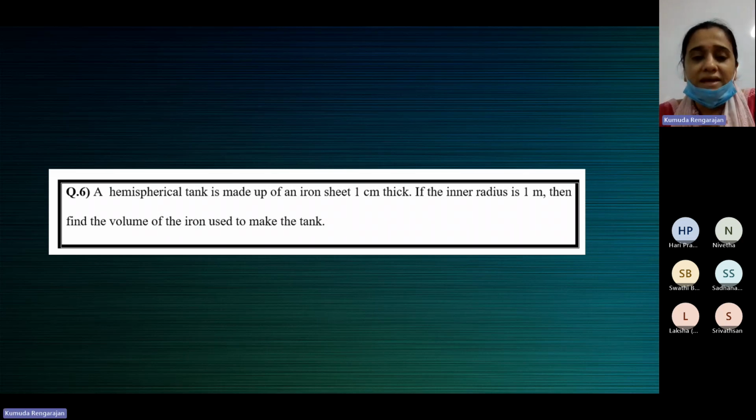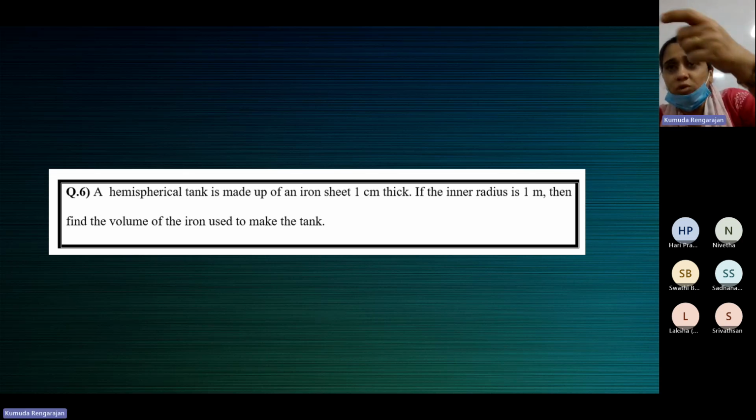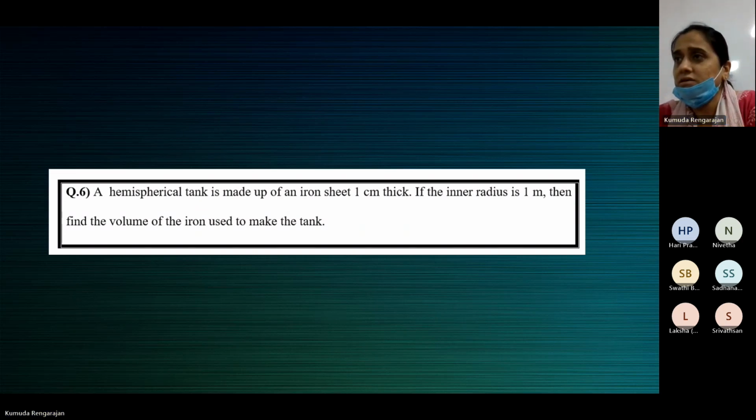A hemispherical tank is made up of iron sheet, 1 centimeter thick. Okay. It's a hemispherical tank and the wall is thick. It's made up of iron sheet, 1 centimeter thick. The material is thick. So when the material is thick and you build anything using the thick material, the wall of that object will be thick.